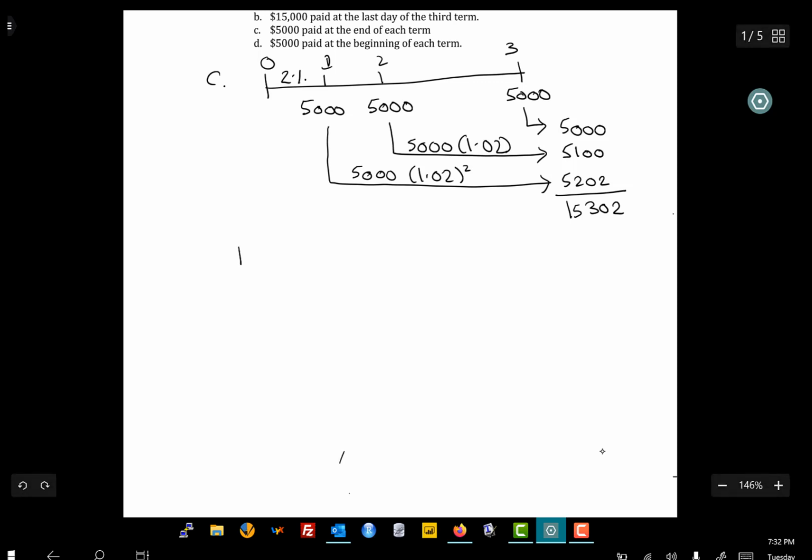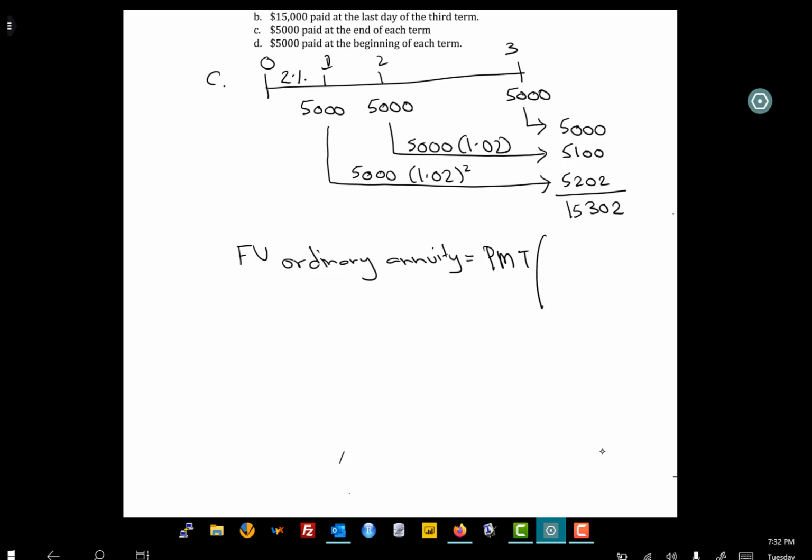So let's look at the future value of an ordinary annuity. The formula is equal to your payment, which is the recurring amount, in this case the $5,000, times 1 plus I to the power n.